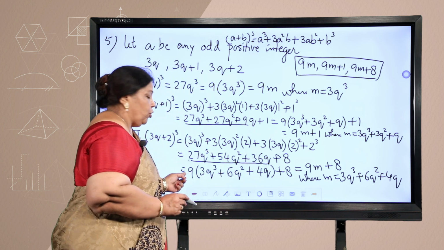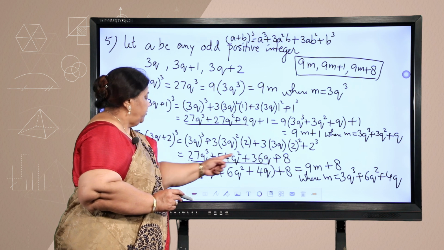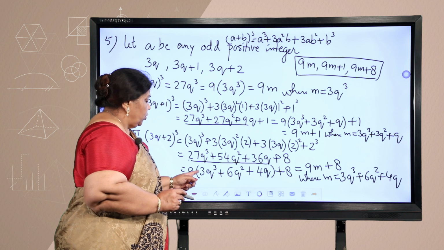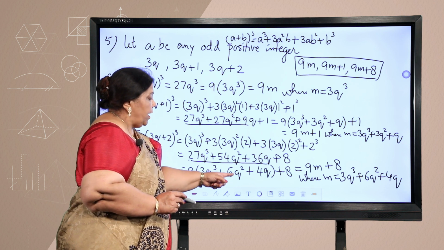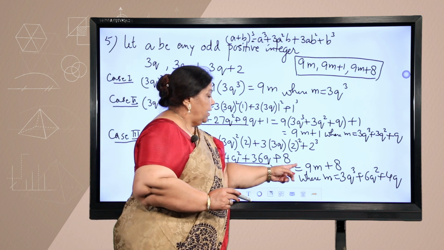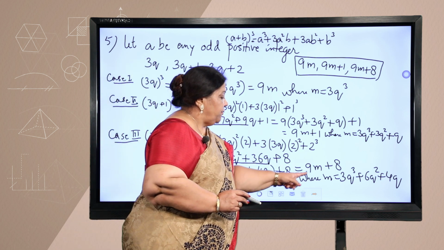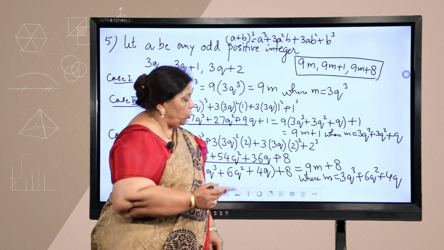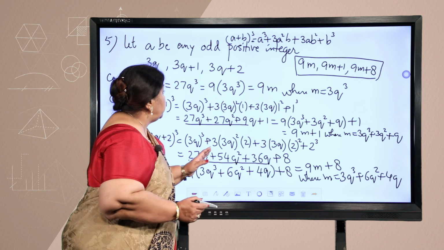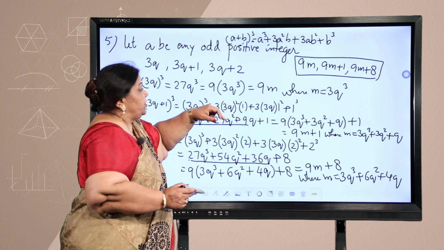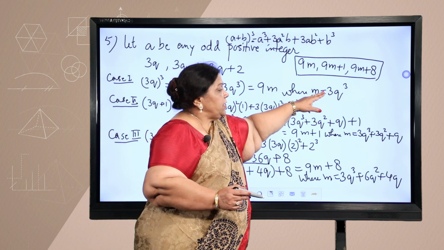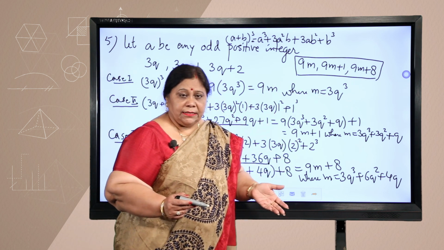Notice that if I take common 9 from the first 3 terms, I get 9 into 3q cube plus 6q square plus 4q, plus 8. That gives me in the form 9m plus 8, where m is equal to 3q cube plus 6q square plus 4q. Hence, we could express any odd positive integer on cubing can be expressed in the form 9m, 9m plus 1 or 9m plus 8.